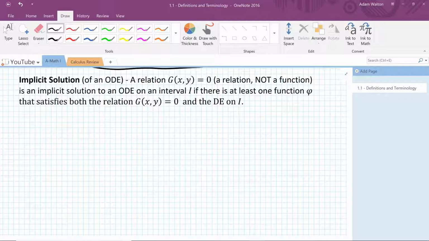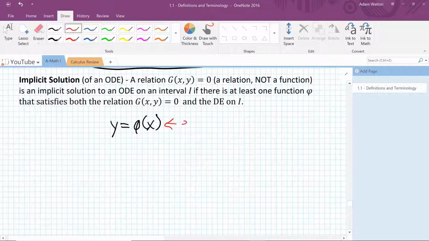And in this sense, like we said before, we're considering that function phi of the form y equals phi of x. And that right there is explicit.